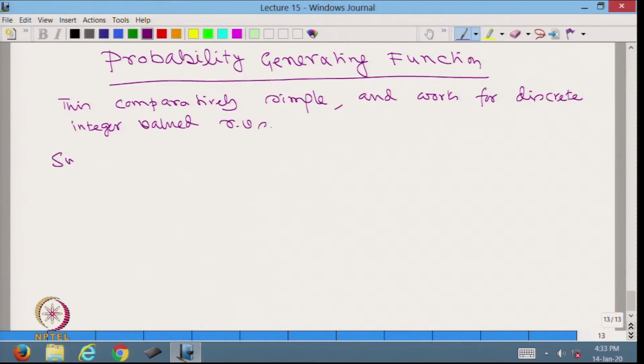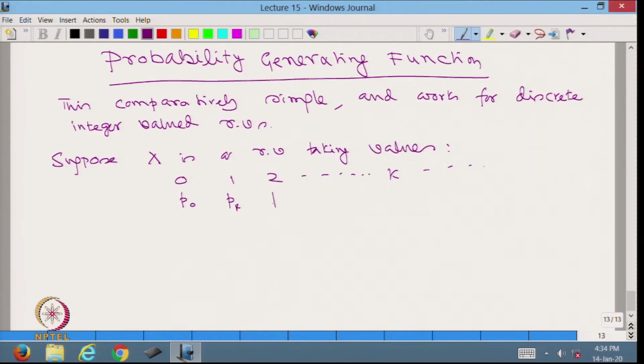So, suppose x is a random variable taking values 0, 1, 2, k like that, and probability of x taking the value i is equal to say p_i.